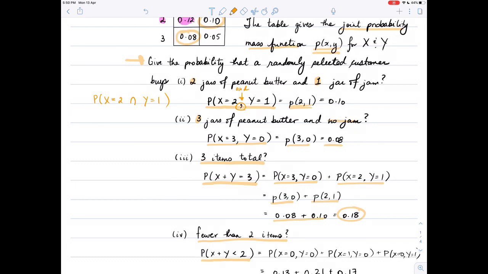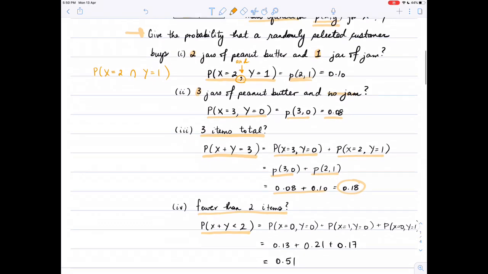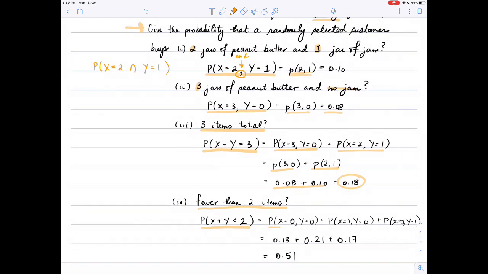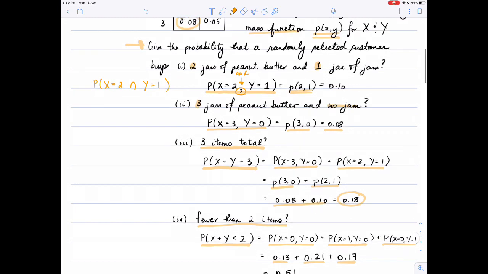There are 3 ways for that to happen here: x is 0 and y is 0, x is 1 and y is 0, and x is 0 and y is 1. So add those probabilities, which come straight from the table, and we get a 51% chance that a randomly selected customer buys fewer than 2 items.